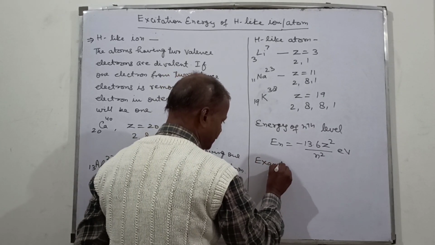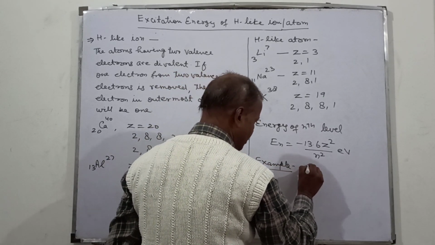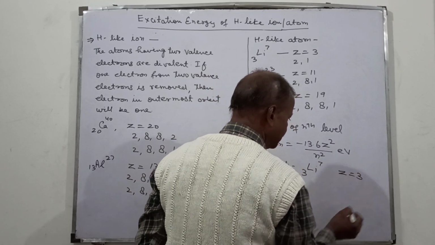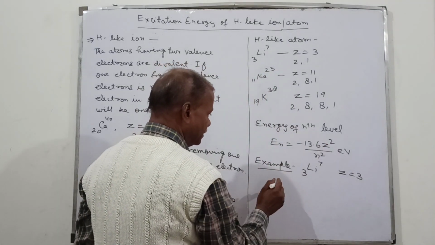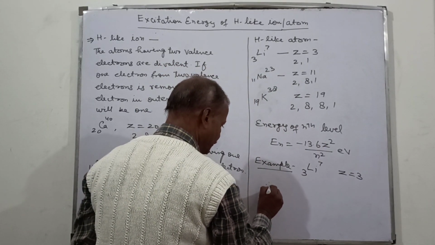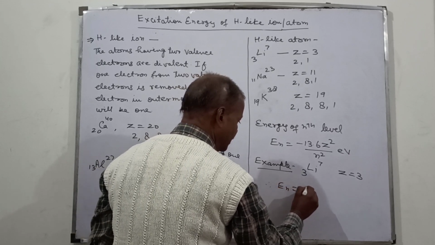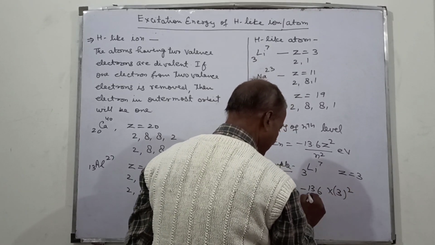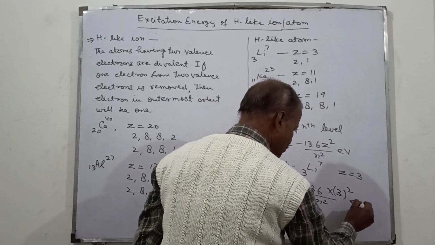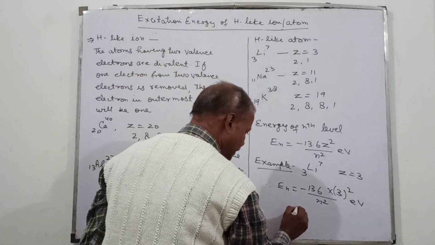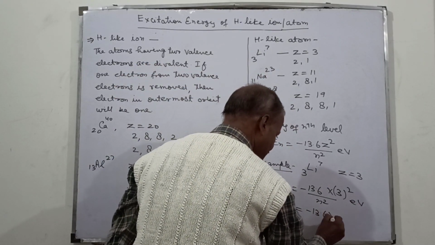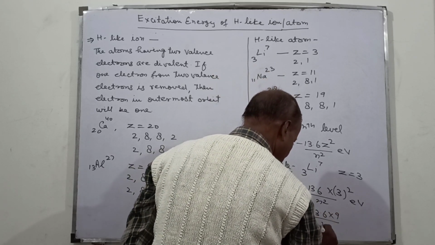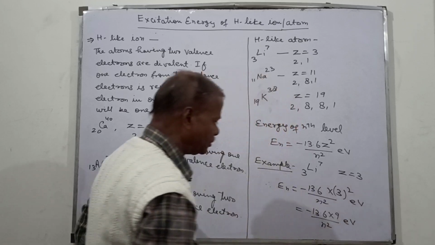For example, we take lithium 3, 7. Here Z equals 3. Then En equals minus 13.6 into 3 square upon n square electron volt, so it is minus 13.6 into 9 upon n square electron volt.